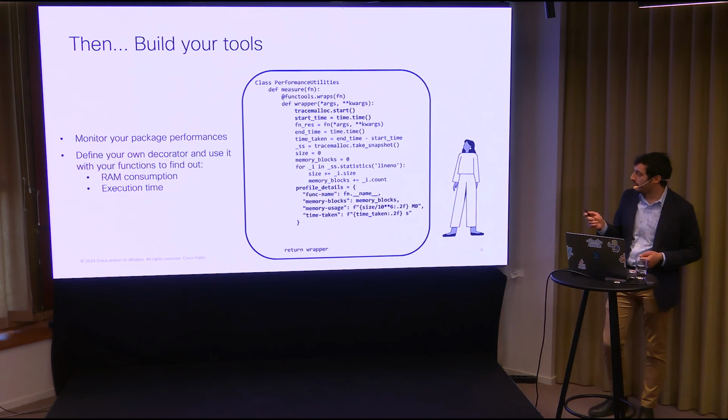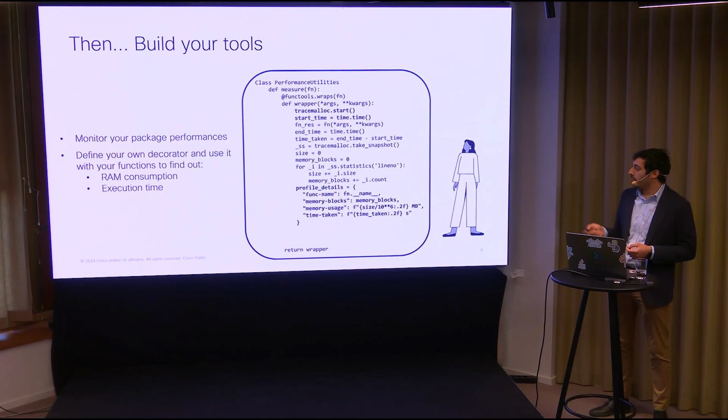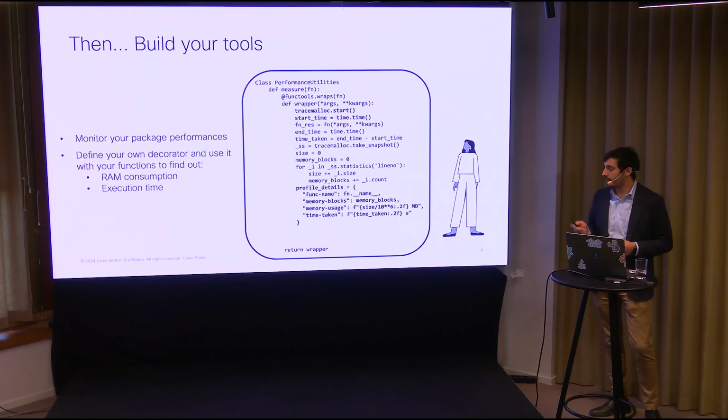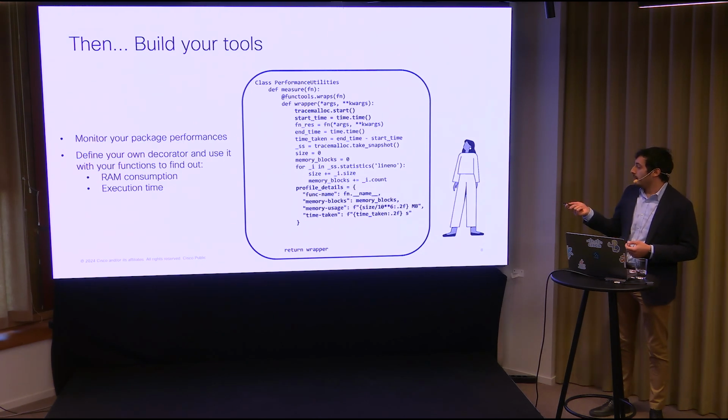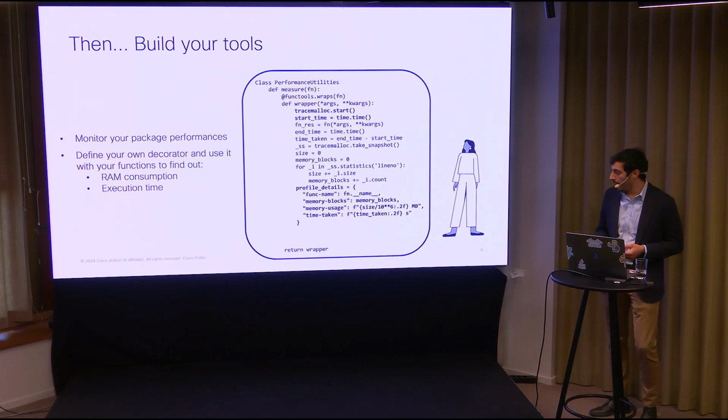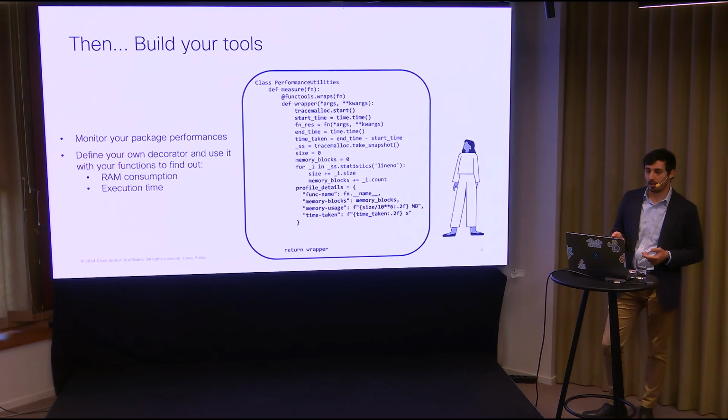And then with some magic trick with the tracemalloc library, we end up having profile details. In these profile details, we have the function name, the function that we decorated, memory usage, so the amount of RAM used by this function, and the time taken by the function to be executed. And lastly, of course, we print this information inside the Python logs.